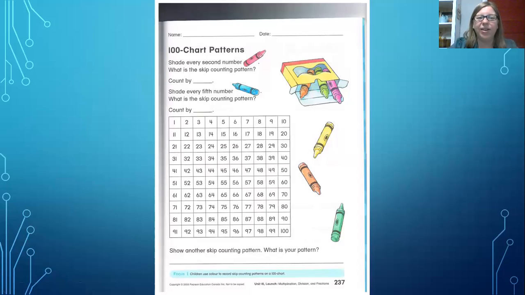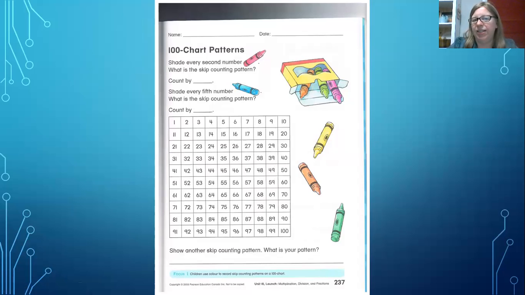Today's page is going to help you to practice this idea of skip counting and repeated addition. The first activity that you will need to do is on page 235. You will need to get some colors. Choose one color.